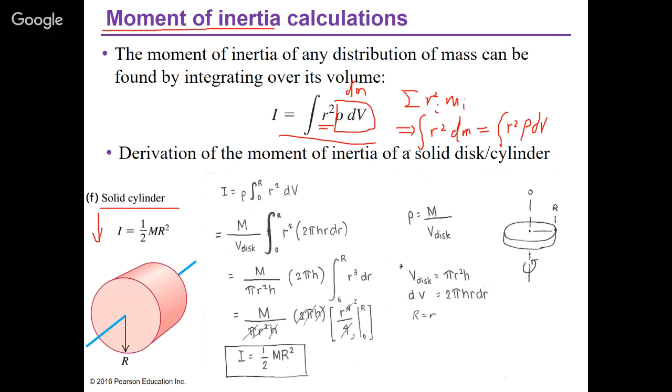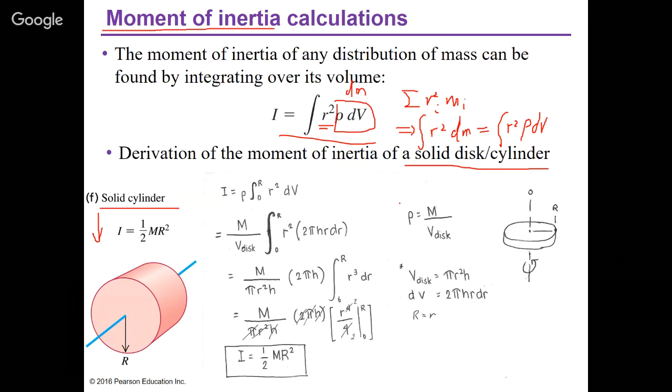Okay, let's apply this equation to a solid disk or cylinder and calculate its moment of inertia, where the axis travels through the center of this disk and is perpendicular to the top surface.